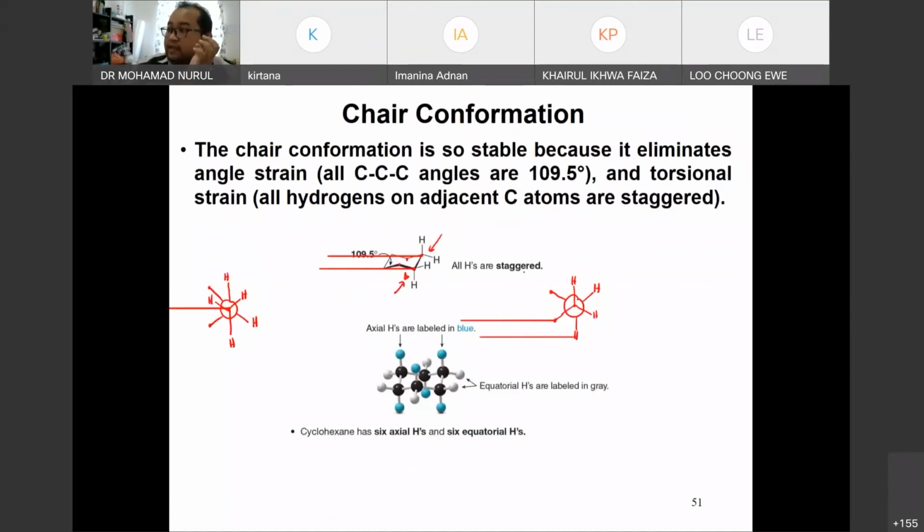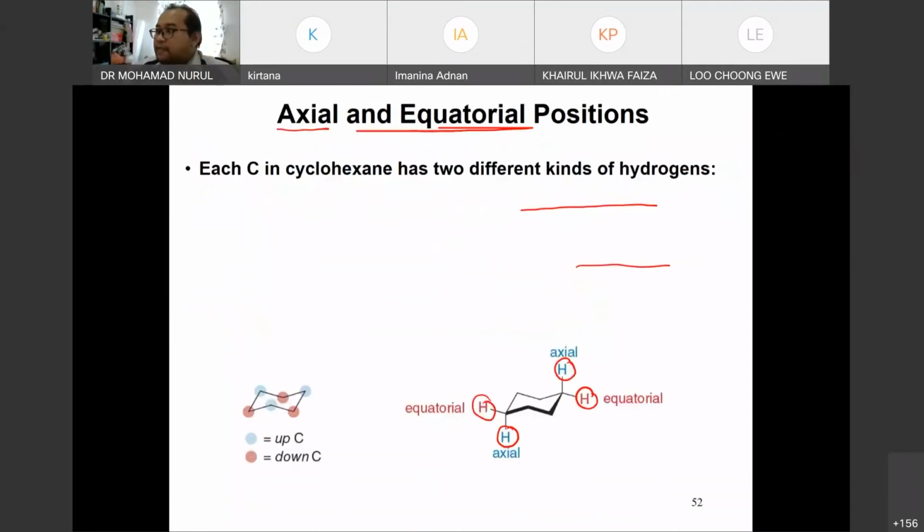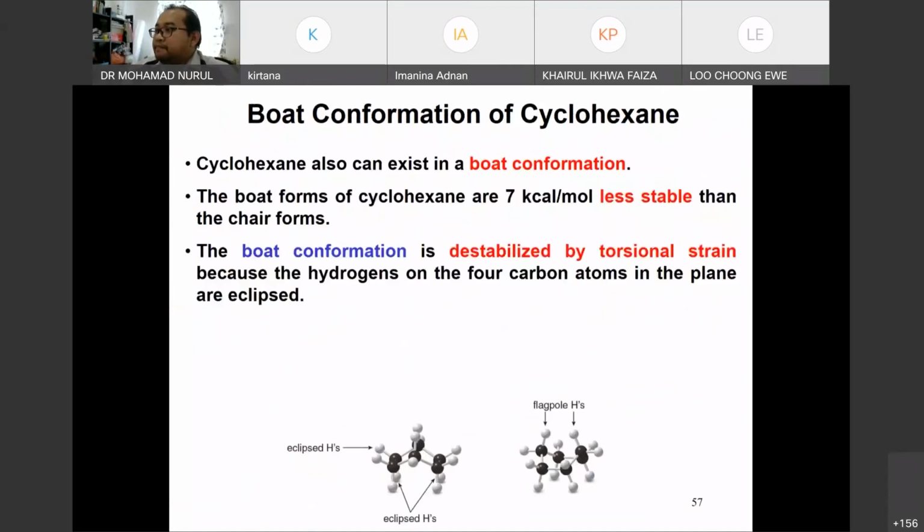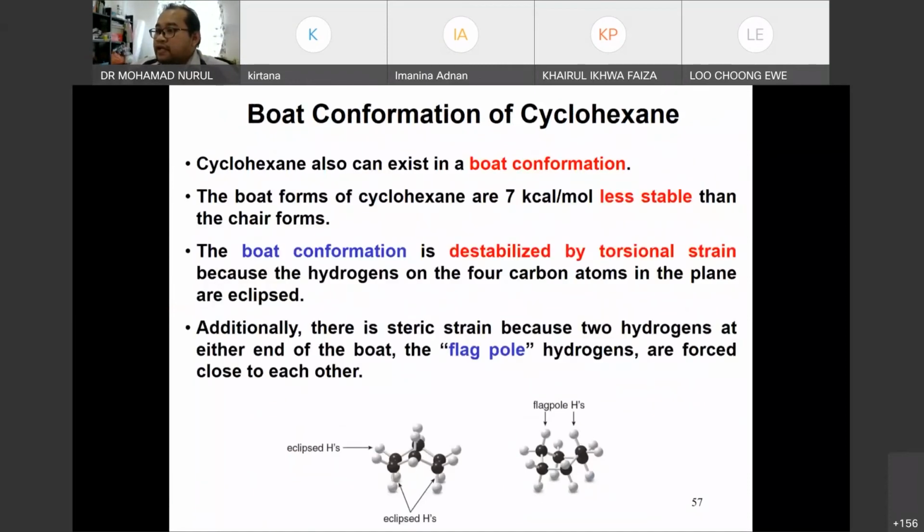Cyclohexane prefers to form staggered, but the boat is forced to rotate into eclipsed. Additionally, there is steric strain because 2 hydrogens at the ends of the boat, this one, are forced close to each other. That's why it's not really stable.